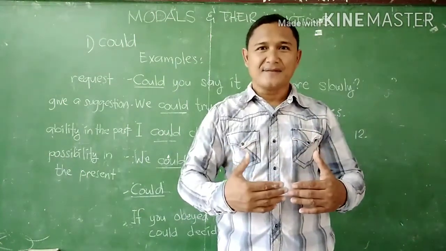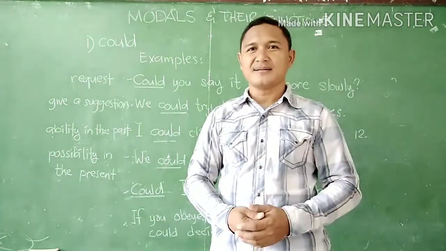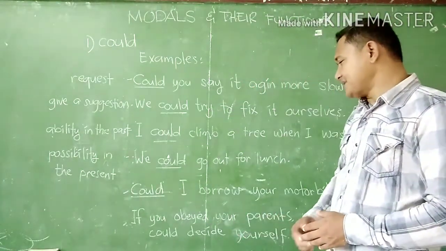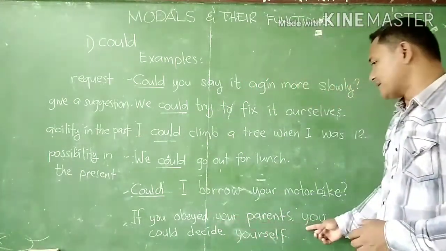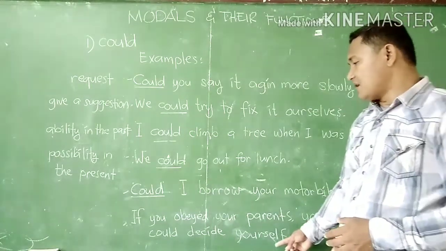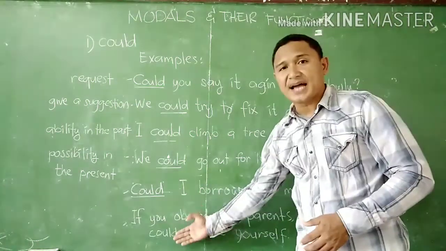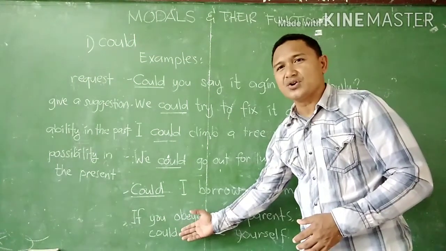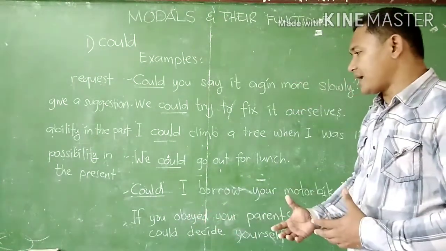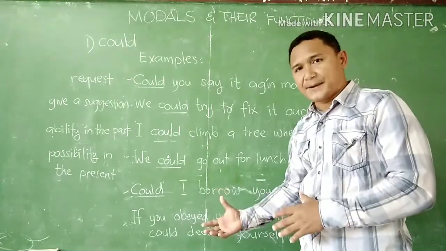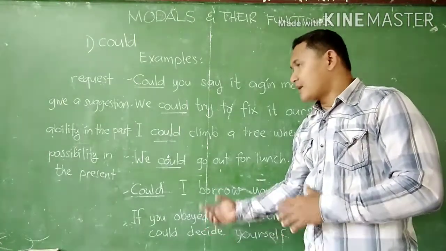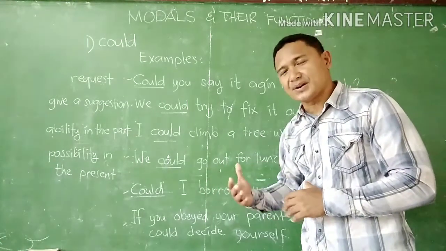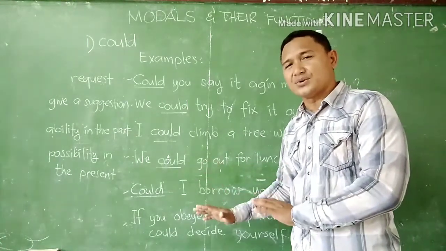Could I fetch you after work? So you have to use could. And the last one is, if you obeyed your parents, you could decide yourself. This time, it is very confusing because using could here depends on what you do today. The possibility of something that will happen in the future depends on what you do today.